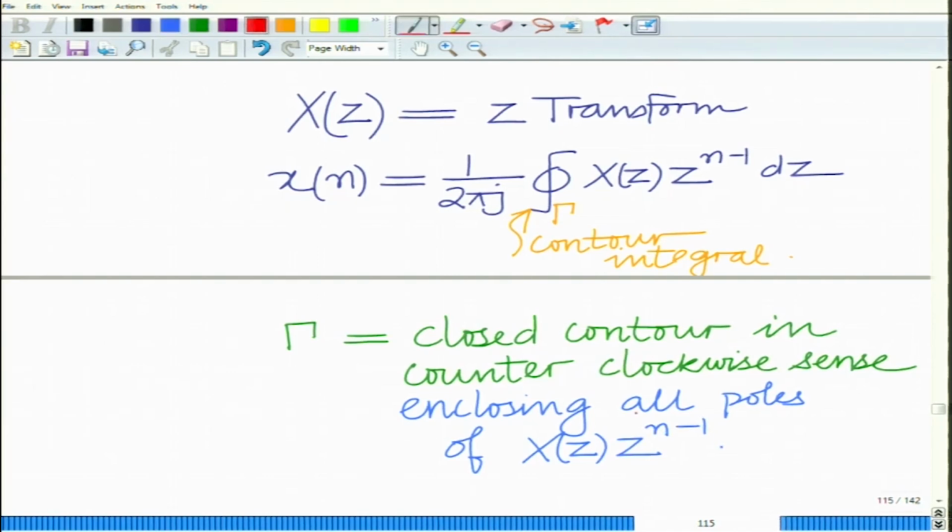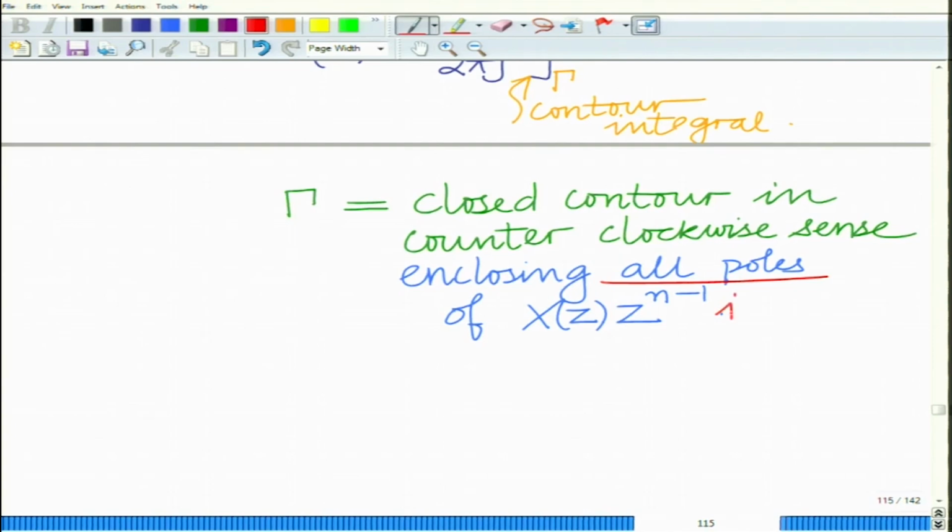Enclosing all poles. So, this integral has to be evaluated over this closed contour gamma, which is a closed contour in the counterclockwise, or anti-clockwise, sense. It encloses all the poles of X(z) z^(n-1), and has to be inside the region of convergence of this Z transform, inside the ROC.